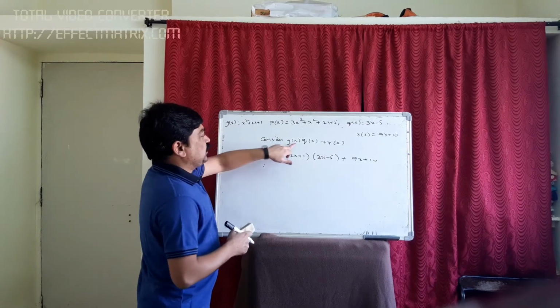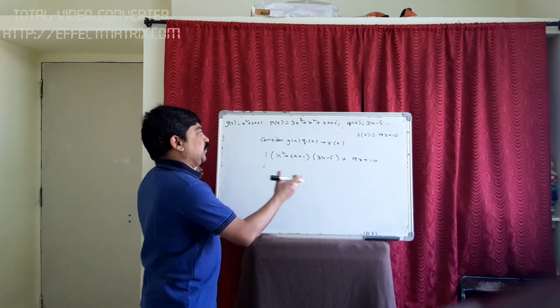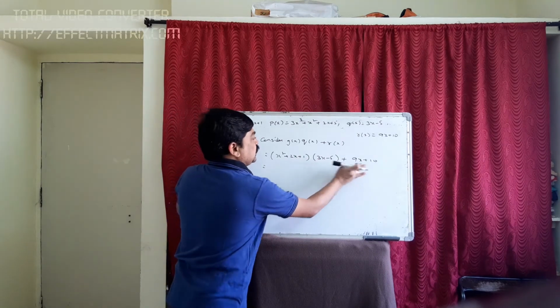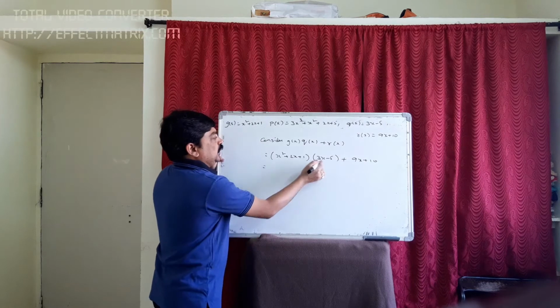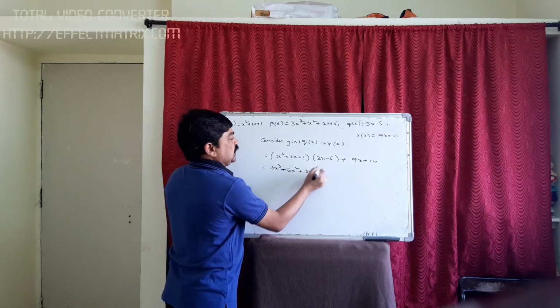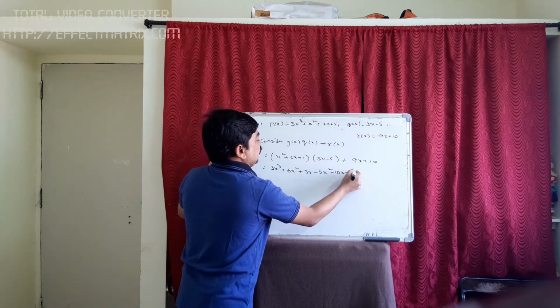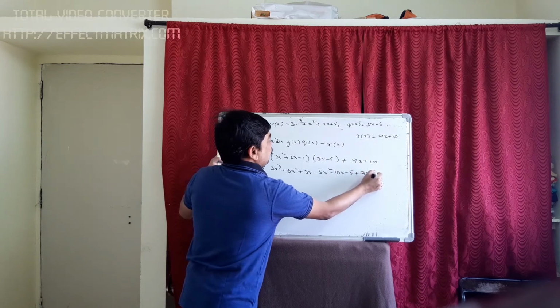Now this is G of x into Q of x plus R of x, where you should get P of x. Let us multiply G of x, Q of x plus R of x. Let us multiply 3x into 3x cube plus 6x square plus 3x with minus 5, minus 5x square minus 10x minus 5 plus 9x plus 10.